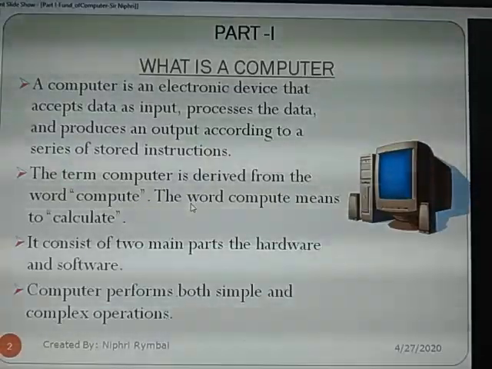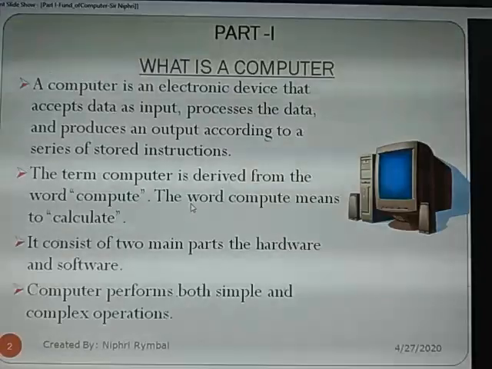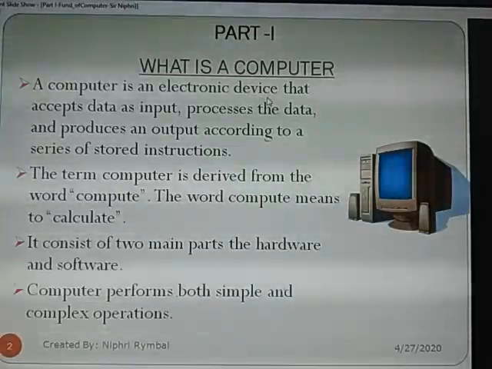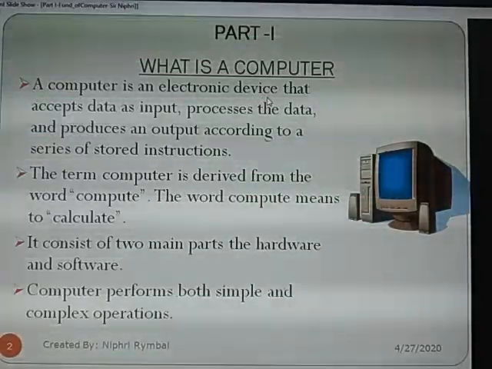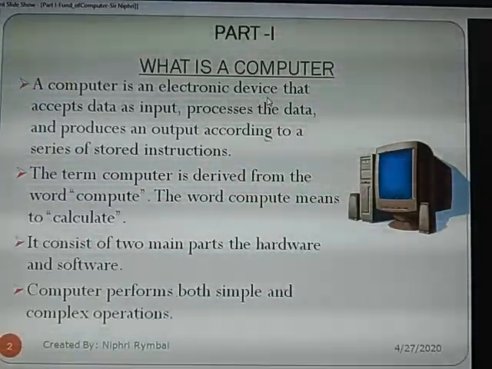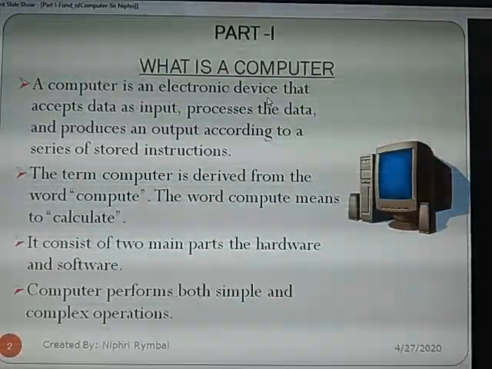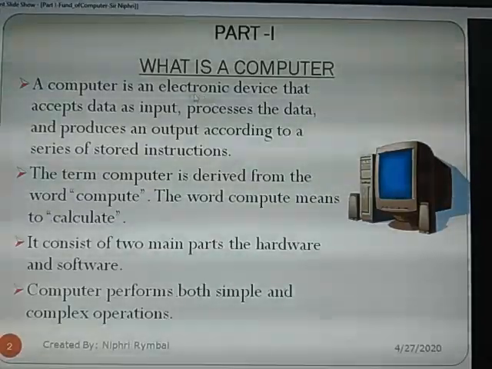Right now we'll come to part 1 by trying to understand what a computer is. A computer is an electronic device. That means this is a tool, or we can say a machine, that runs with the help of electric current.